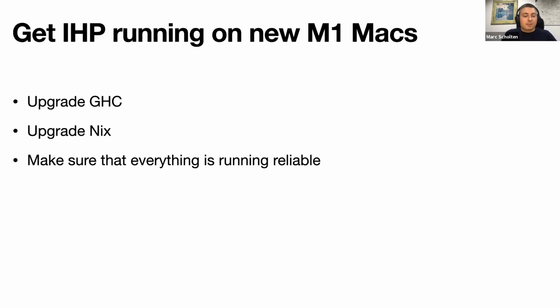In general, the step to really have official M1 support is that we need to upgrade the GHC, the Haskell compiler, and also upgrade our Nix packages, because Nix just recently got support for the new Macs. Then we need to make sure that every package we depend on compiles and works reliably on an M1 MacBook. I think that's one big blocker we still need to solve.